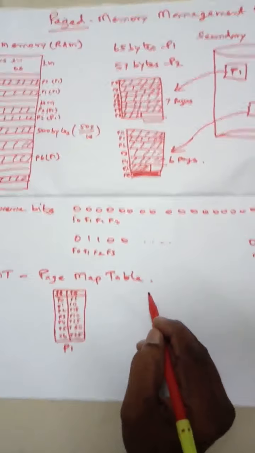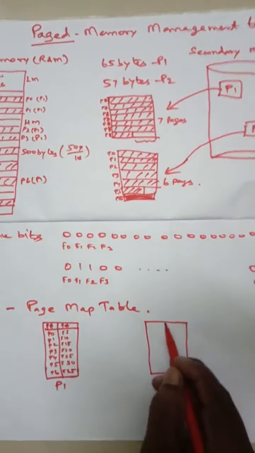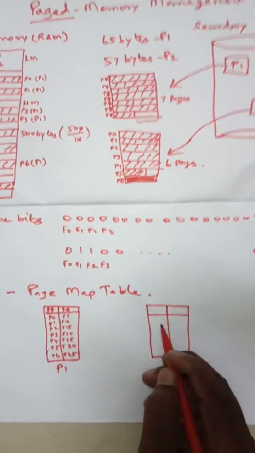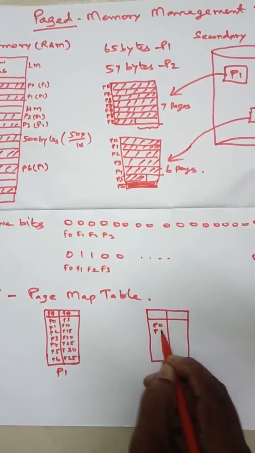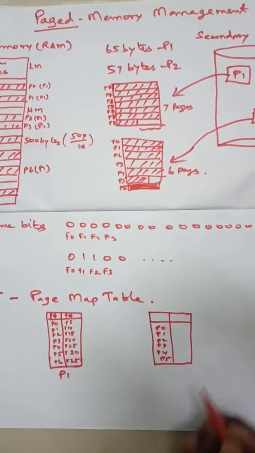Likewise, page map table for program 2. It is a 6 page program. So P0, P1, P2, P3, P4 and P5.